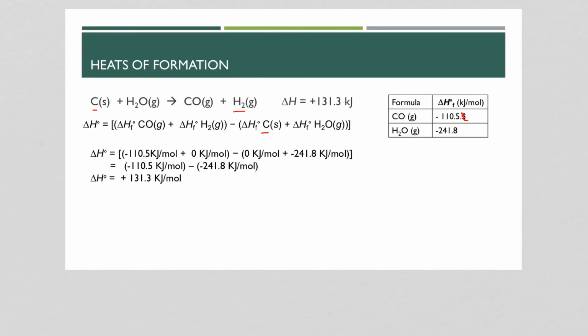Carbon is of course going to be 0 because it's an element. Water gas, remember we're getting the gaseous water, that's negative 241.8. So we end up with negative 110.5 minus a minus 241.8 and end up with positive 131.3.